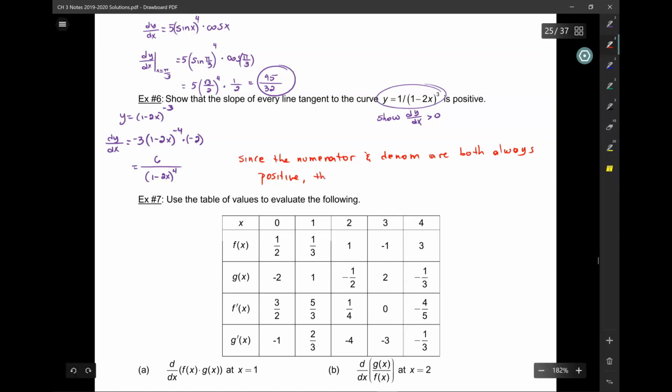Their quotient is also always positive. Again, you have to define your pronoun, right? If you say it, they, he, she, there must be something that it refers to. Okay, those words refer to.